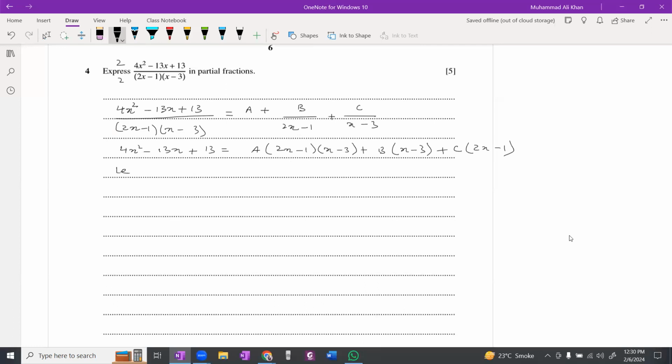Now let x minus 3 equals 0. So what is the value of x? The value of x is 3.